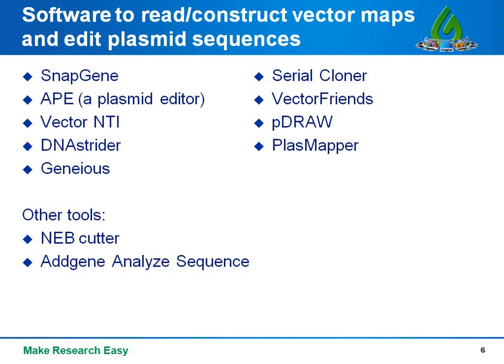Or if you have more time to explore different tools, that may be worthwhile. In addition, when you don't need to do a lot of analysis on a plasmid sequence, but you just have a quick question, such as what are the unique restriction sites in this sequence, there are some web-based tools with more focused functions, such as the NEB Cutter tool that are widely used.